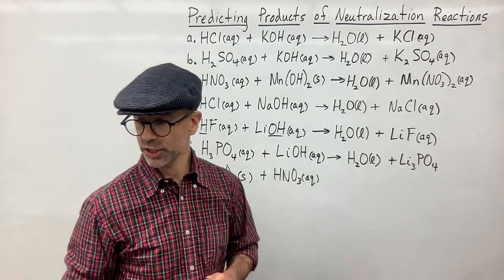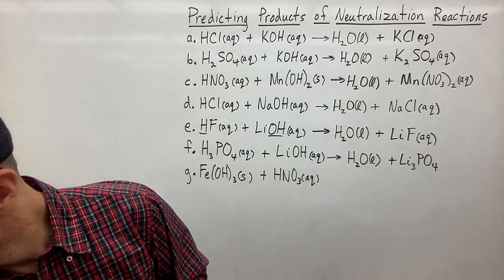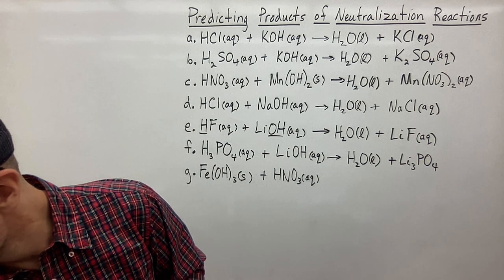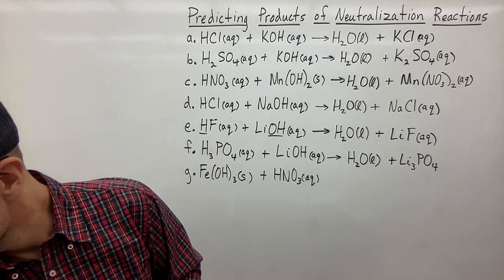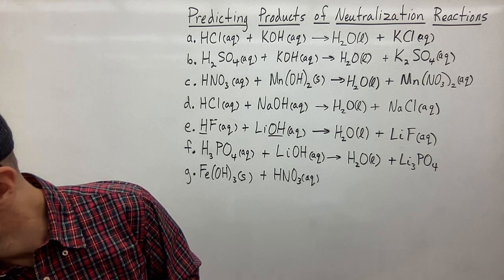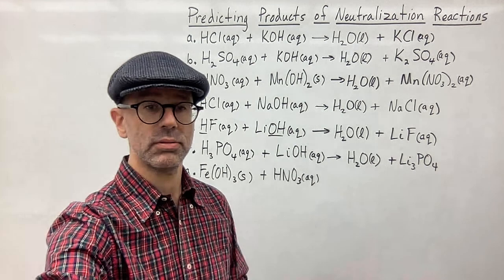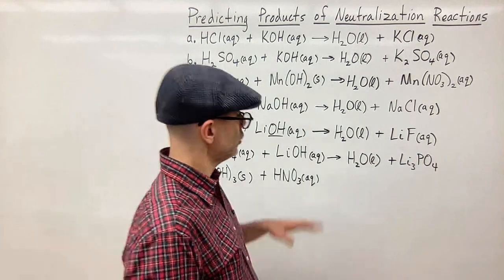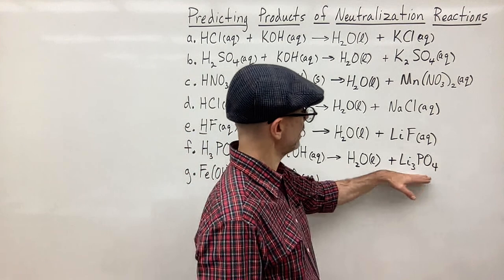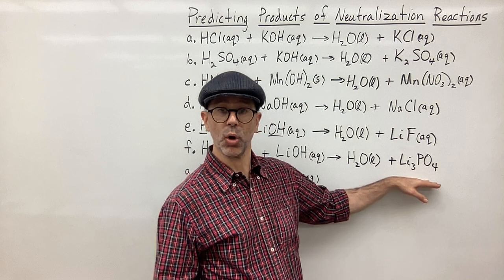And again, according to the rules for phosphates, phosphates are generally insoluble, with the exception of a group 1 metal or ammonium.